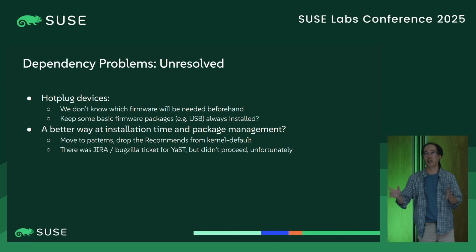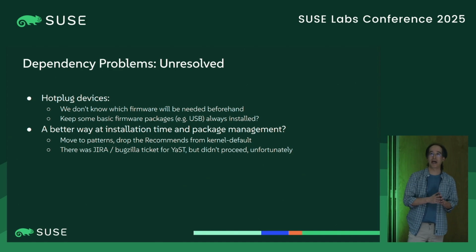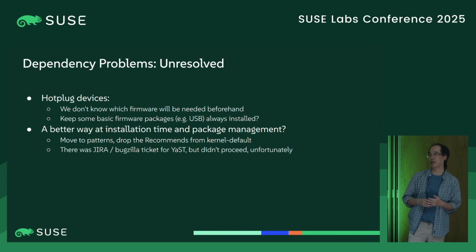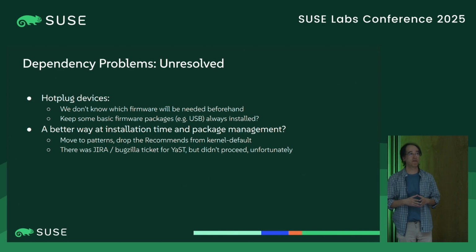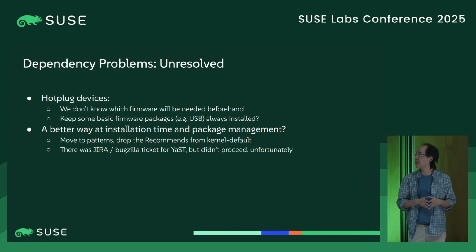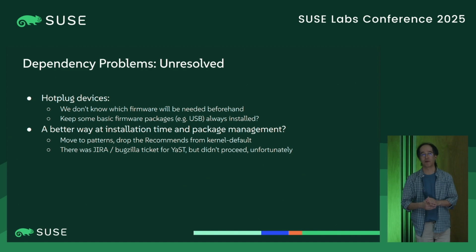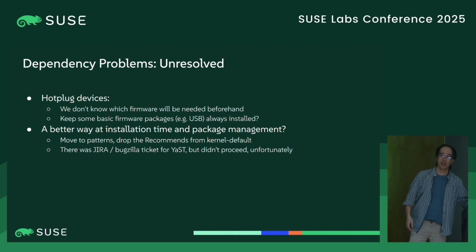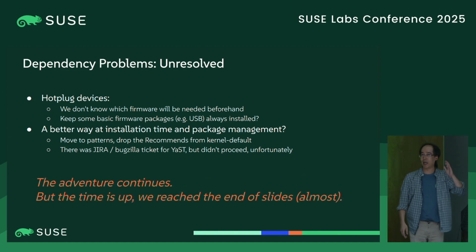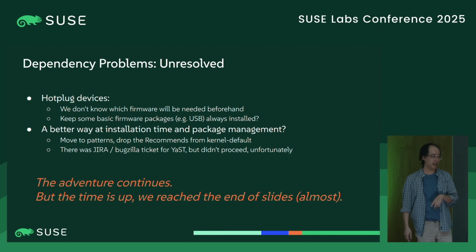As I said, the kernel-firmware Recommends tag is not optimal, so we might want to move to patterns or whatever. Also, there were Jira tickets or Bugzilla tickets for YaST and other things, but things didn't proceed, unfortunately. So this is a big missing piece. Yeah, so the adventure still continues, but the time is up.